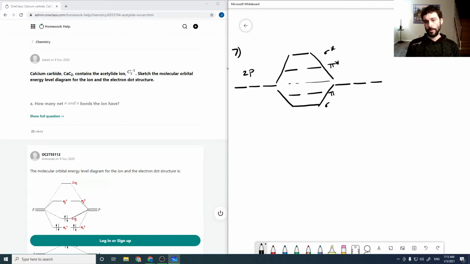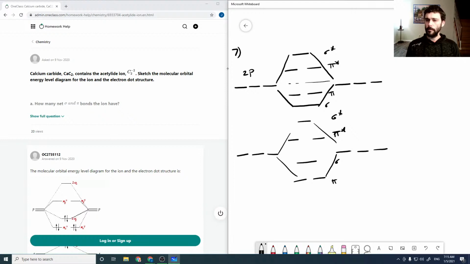Or the two p orbitals could overlap to yield two pi orbitals downstairs, a sigma orbital, and then two pi star orbitals and a sigma star orbital. So pi, sigma, pi star, sigma star. And it does this depending on where we are in the periodic table. So the cutoff is here.